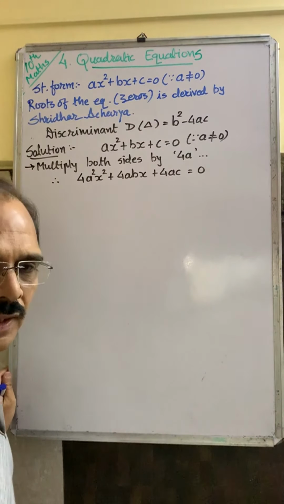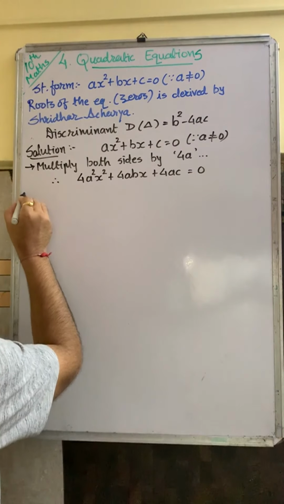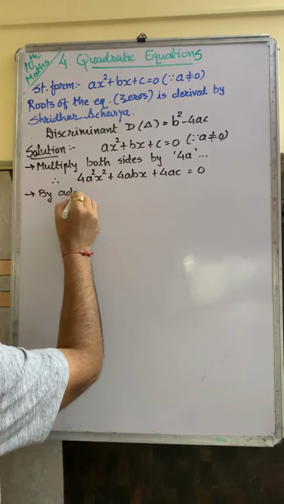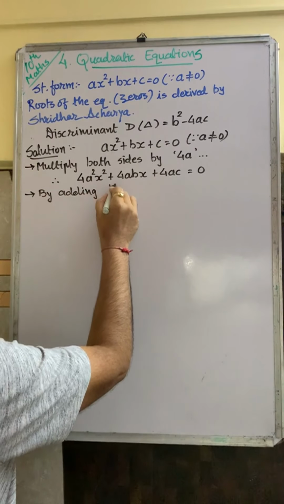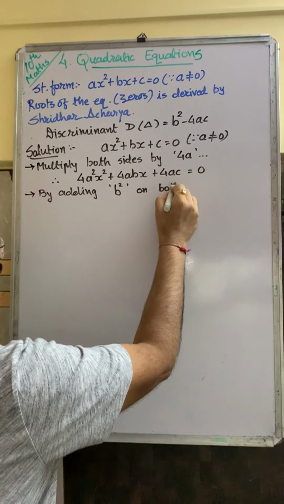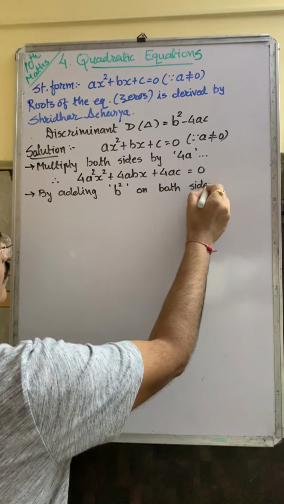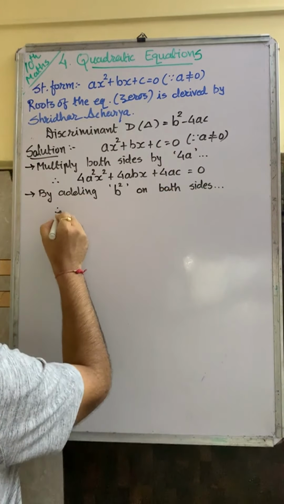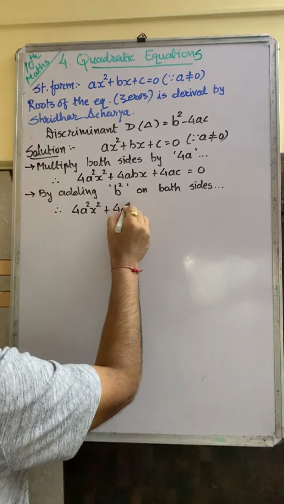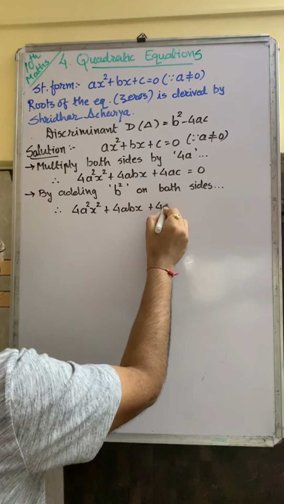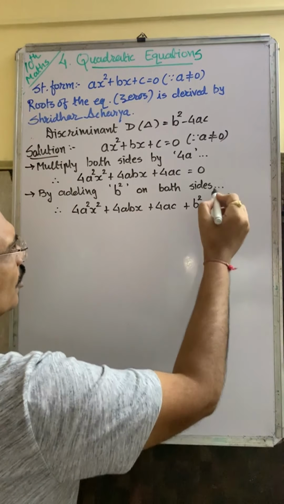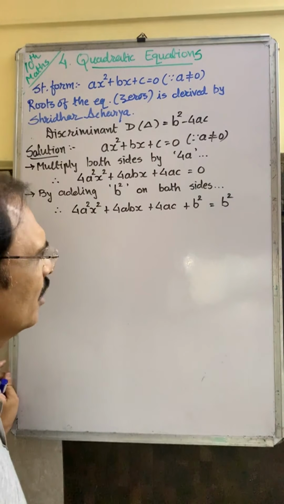Now I want b square, so add b square on both sides. 4a square x square plus 4abx plus 4ac plus b square. Here also 0 plus b square is b square, addition.